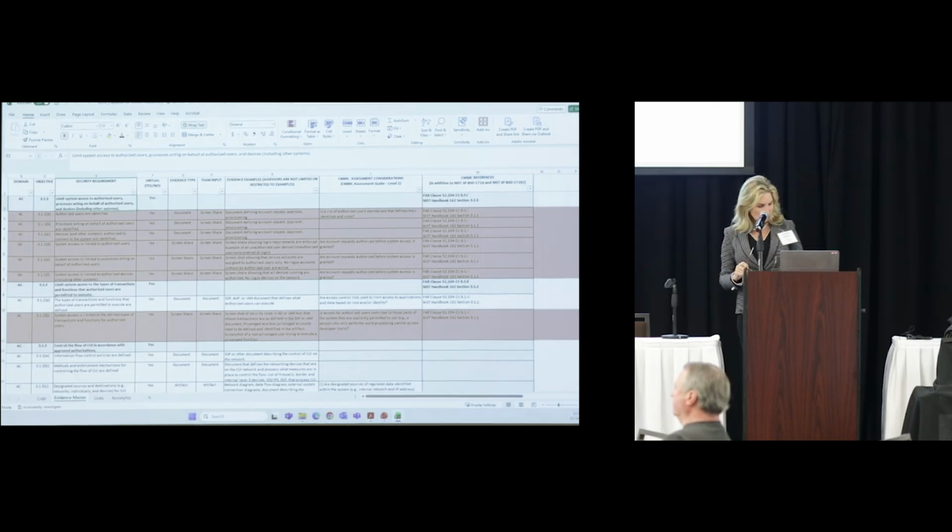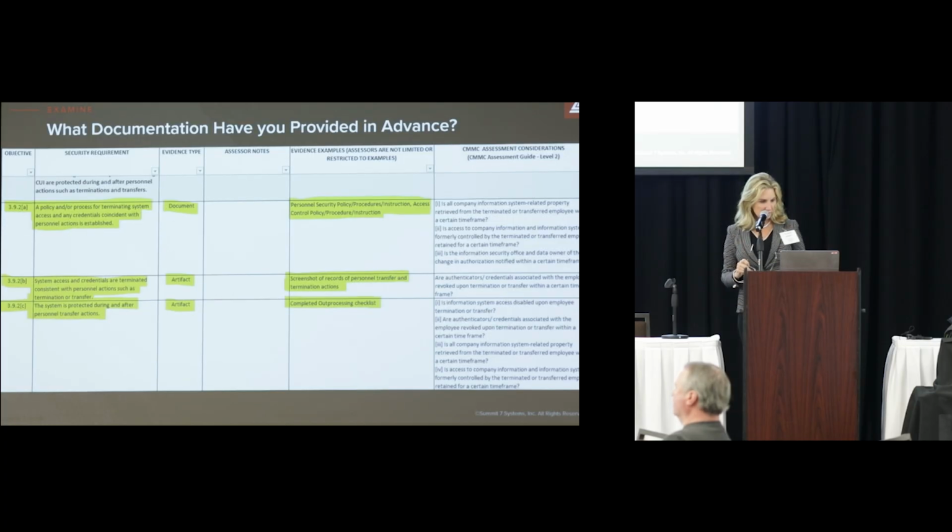Make sure as you go through this in preparation for your assessment, go back to my slide, that you're considering all the different types of assets that you'll have. A lot of mistakes are made, and one of the things you'll catch in a run-through of the assessment is that technical people tend to focus on the technology that they use.